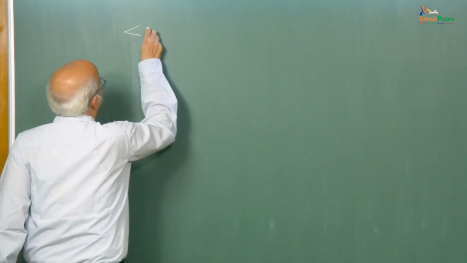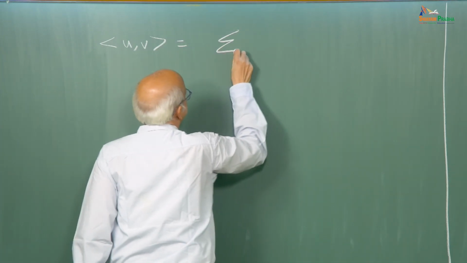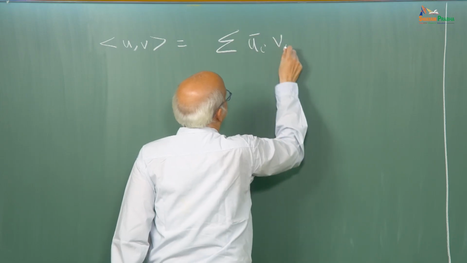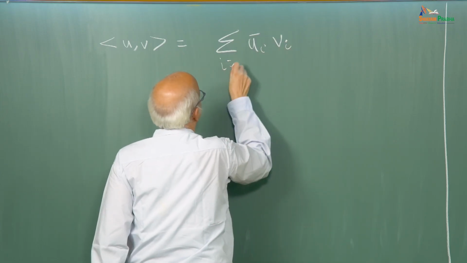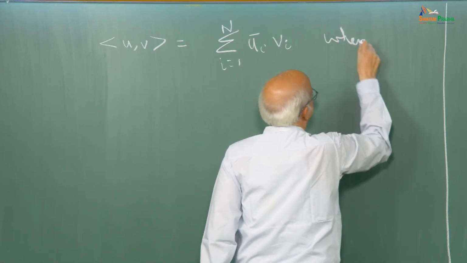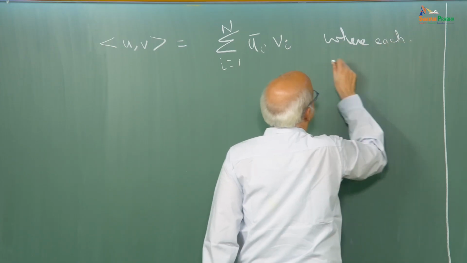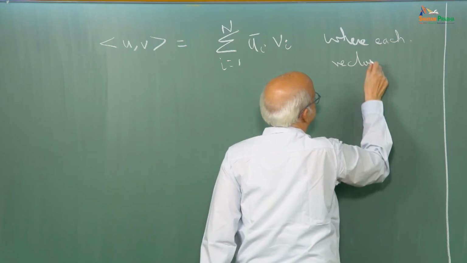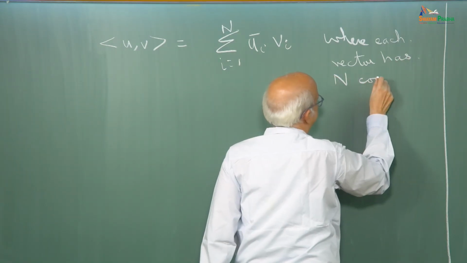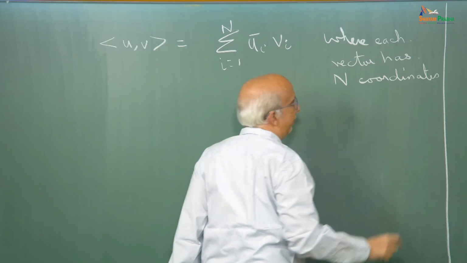So, this inner product of u comma v we defined as a sum over i from 1 through n, where each vector has n coordinates. Okay.